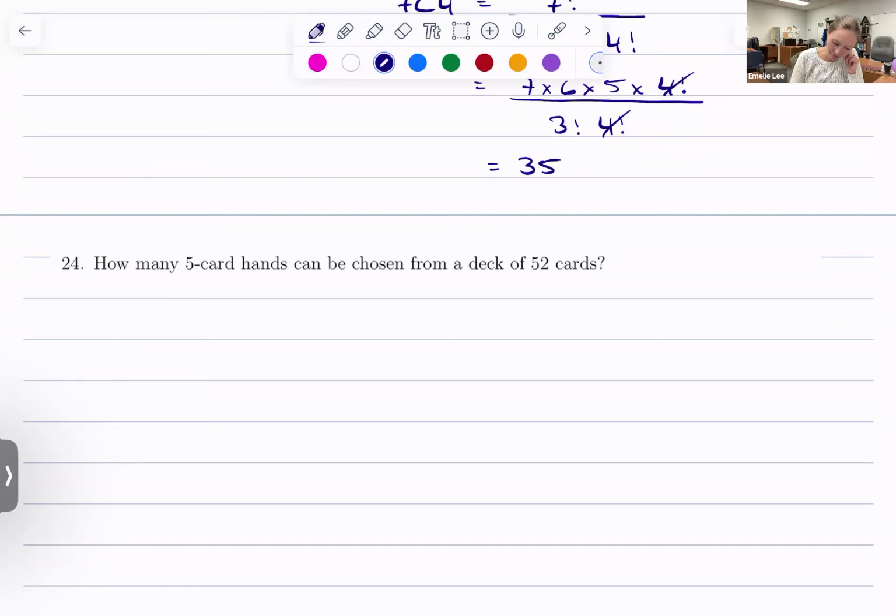Which means that from the deck of 52, the order doesn't matter. I need a 5-card hand, and there's nothing that says that 2 kings and 3 aces is different from a king, an ace, a king, an ace, and an ace, right? Same situation.